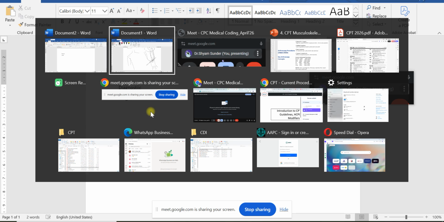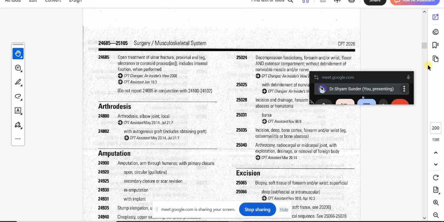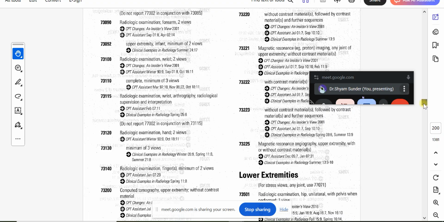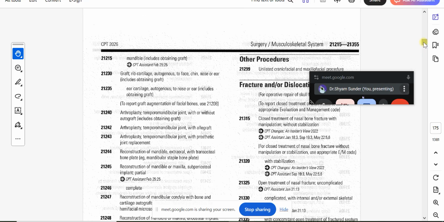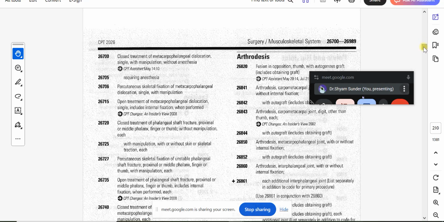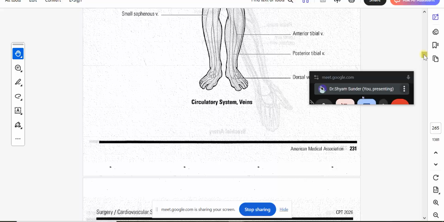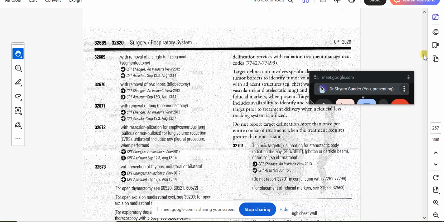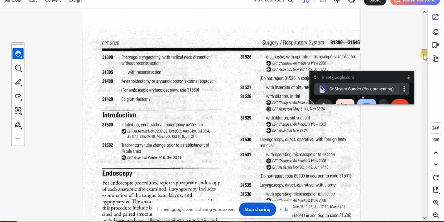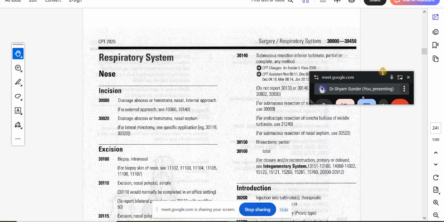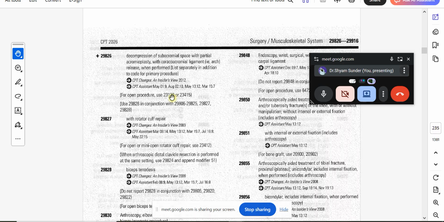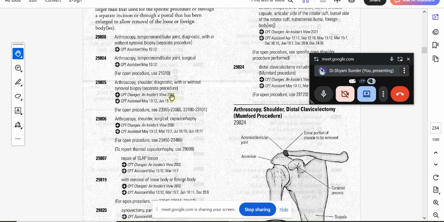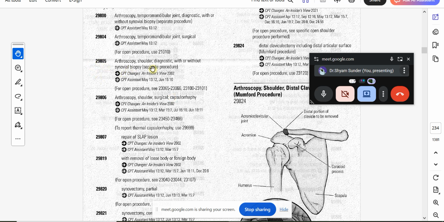Let's go to the arthroscopy codes, 29805, the very first code. Let us look at arthroscopy of the shoulder joint. Please go to 29805 in your book. 29805, arthroscopy shoulder diagnostic with or without synovial biopsy.